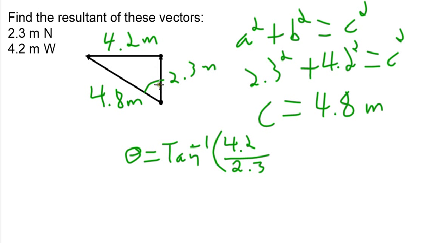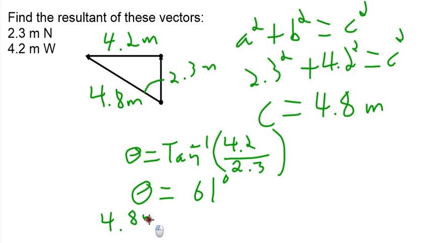Remember, this is opposite to the angle and then adjacent to the angle. And once you do this, you should get theta is equal to 61 degrees. So we would rewrite our final answer as 4.8 meters at 61 degrees. This is west of north. Remember, we're measuring from north and we're going west.